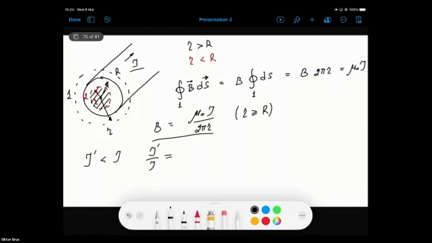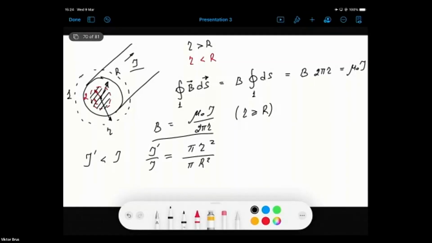So in that case, we have pi r squared, which is area of the closed path number 2, divided by area of the cross section of the wire.